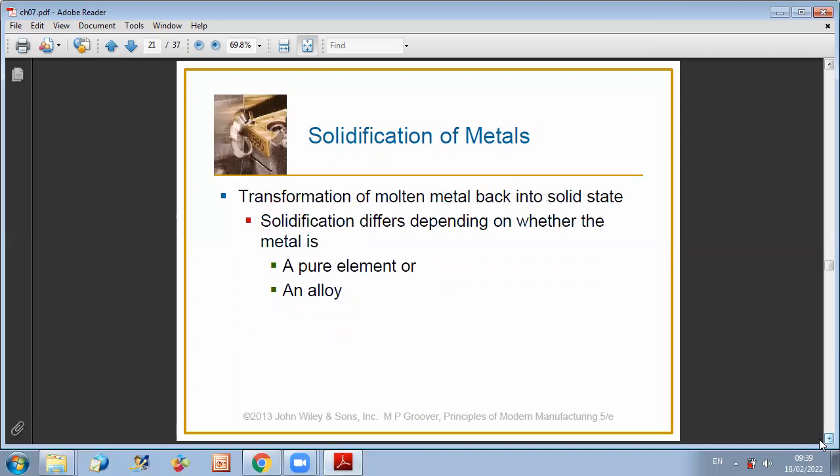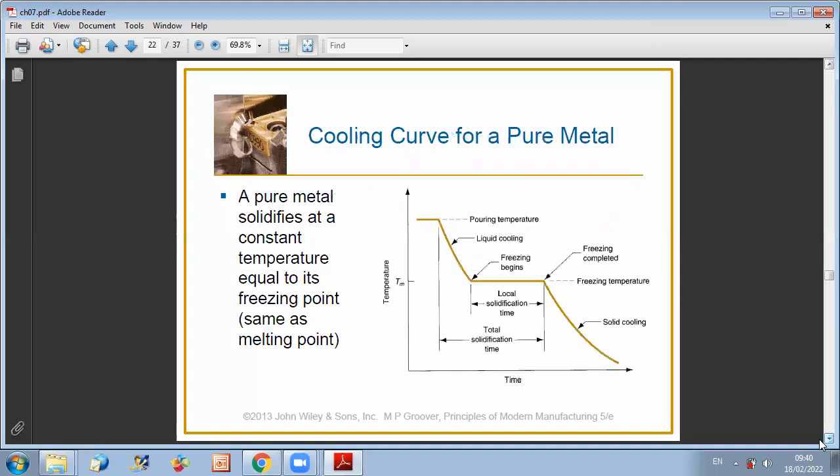Now, the transformation of molten metal back to solid state will require, of course, leaving your system to cool. It depends, as I told you, on the metal used. If it's a pure element or an alloy, you will observe different behaviors of solidification that we'll discuss together.